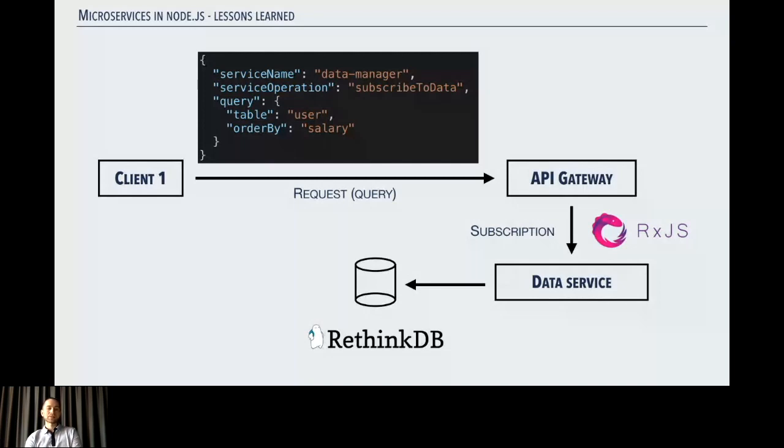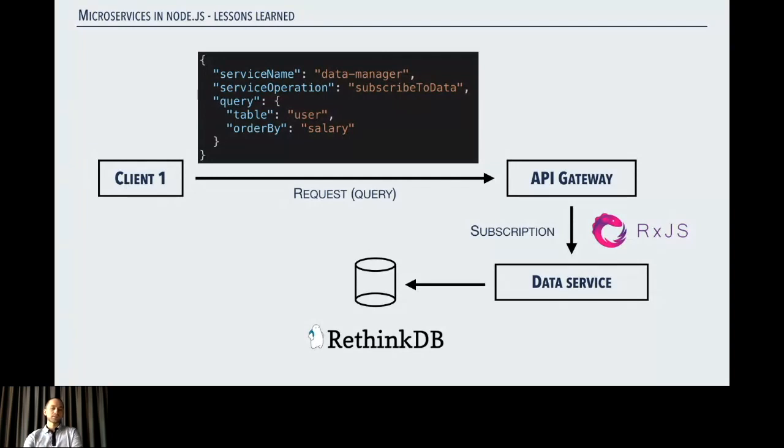Inside our system, we are creating a subscription in our data service, and for that purpose we can use RxJS. Yes, we are using that. Our choice might be RethinkDB, because it supports live queries. We are actually using something else, some custom-made solution, but RethinkDB might be good as well.